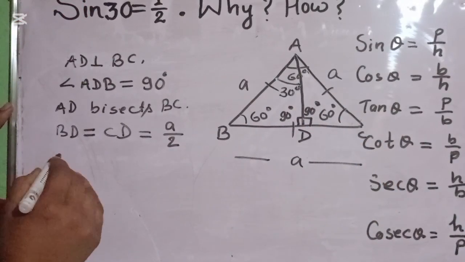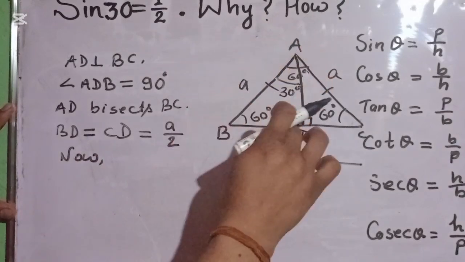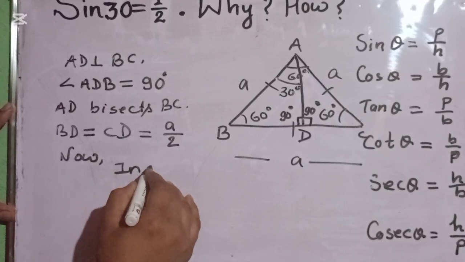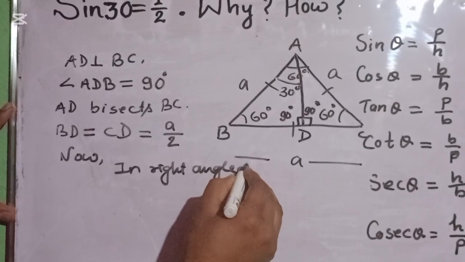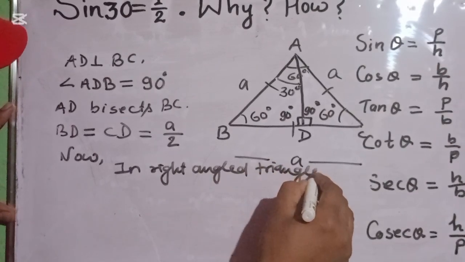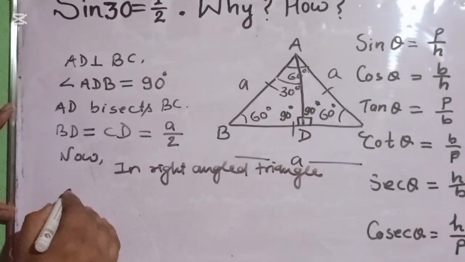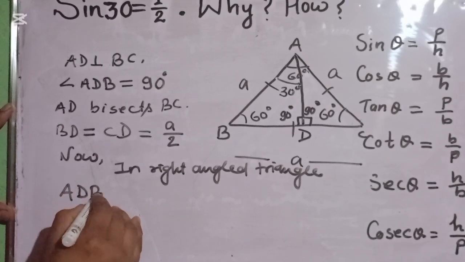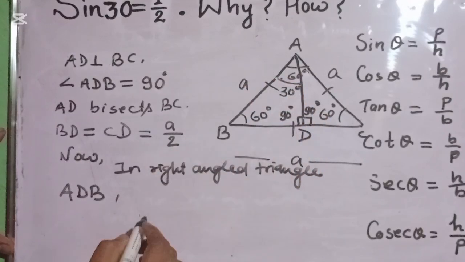Now let's take the help of this right angle triangle only, ADB. In right angle triangle ADB, this angle is 30 degree taken.